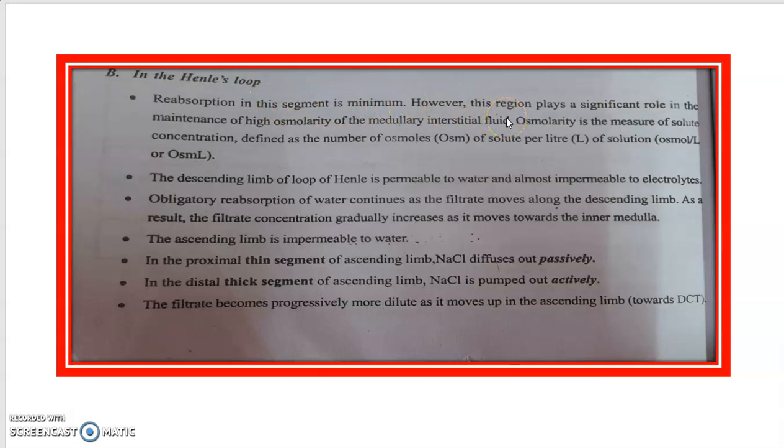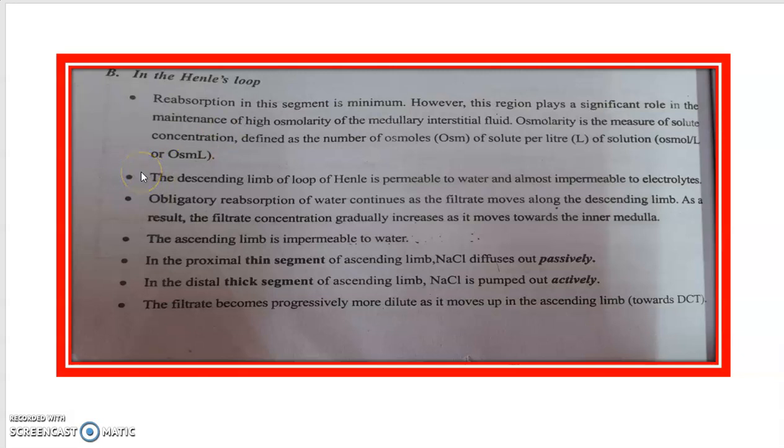However, this loop of Henle is a very important topic. What would happen if the loop of Henle is not present? That kind of application question was asked in previous NEET. If there is no loop of Henle in our nephron, the person produces a dilute urine. Generally, our urine is concentrated.